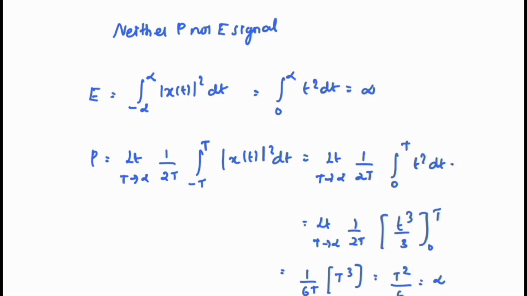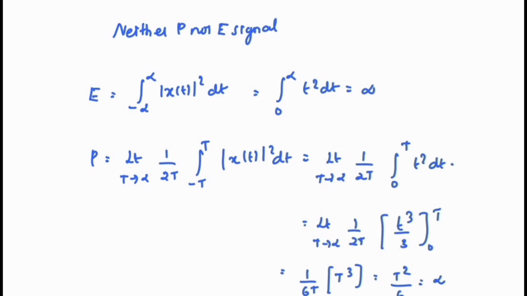So this is neither power nor energy. Let us find the energy first. Energy is equal to the integral from minus infinity to infinity of x of t whole square dt. So this becomes the integral from 0 to infinity of t square dt. If I solve, I will get the answer as infinite.